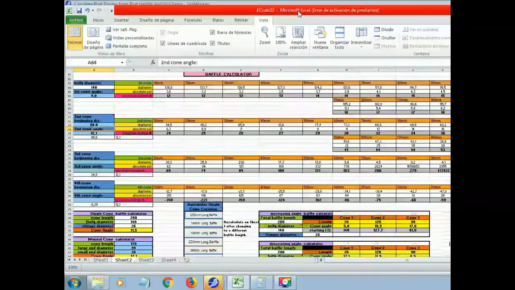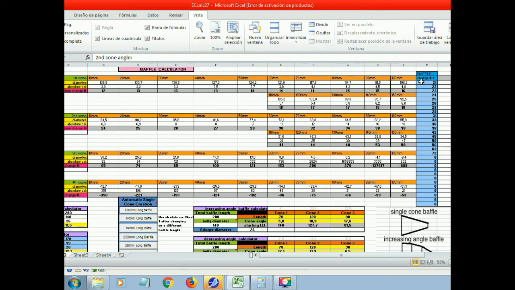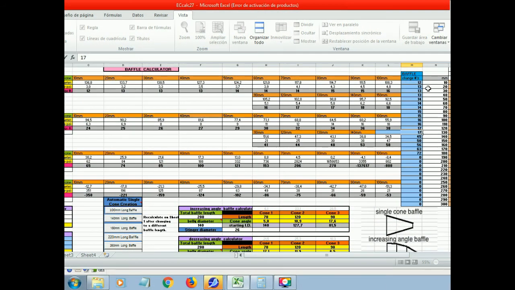Let me see if I can get this where I want it. Let me show you. Okay. That's 130, as you can see right here by the lengths here.